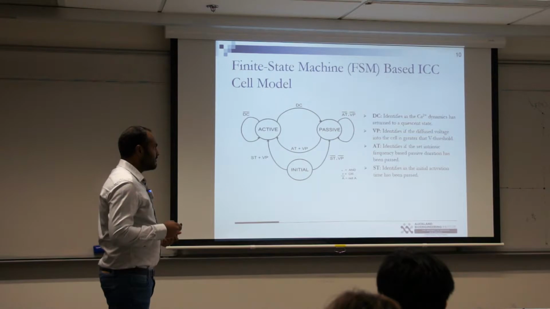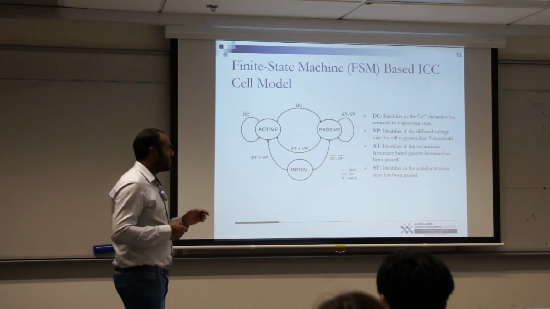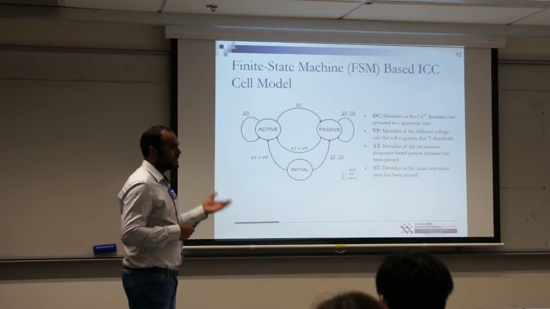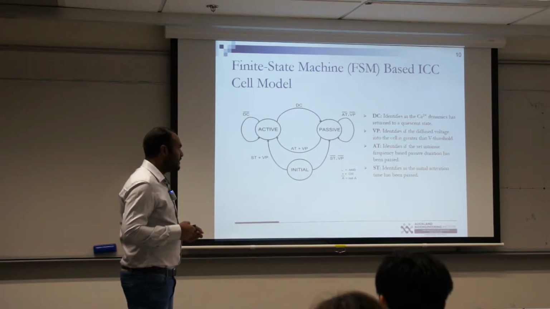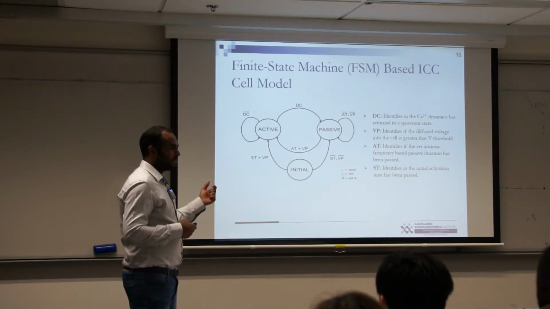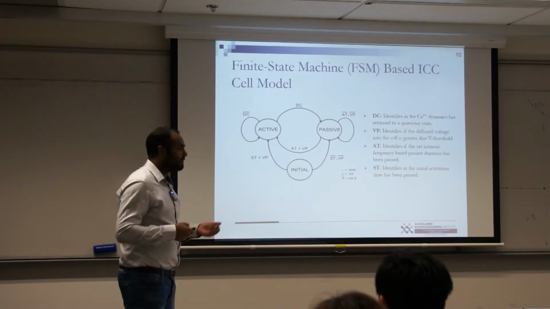So we defined certain variables. Don't ask me why I chose DC, VP, and AT, but DC is a variable which traces the calcium dynamics that's happening inside the cell. VP checks if the diffused transmembrane potential is greater than a set threshold value that we define.